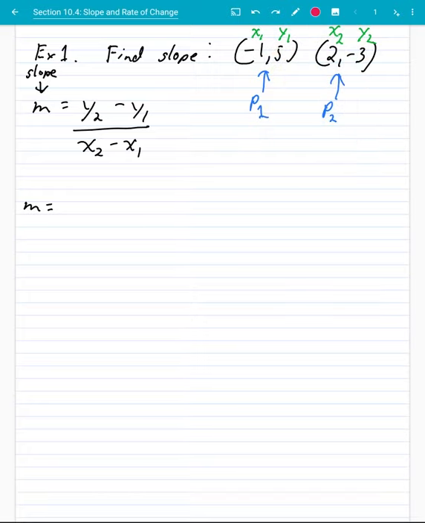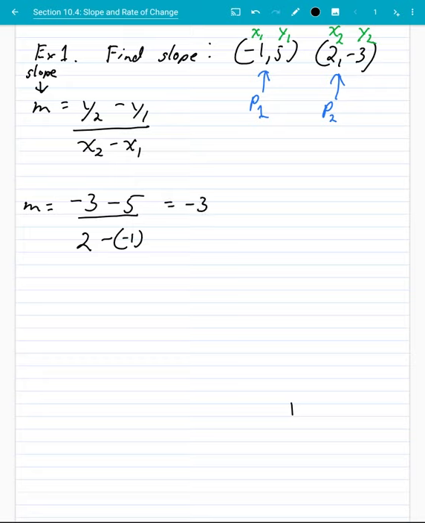So let's look at the first one. y2 is -3. y1 is 5, so I can put -5. Divided by x2, which is 2. x1 is -1, so be careful with this. We're going to put minus. Remember I told y'all back in the day, whenever we substitute numbers, you want to put a negative number in parentheses.